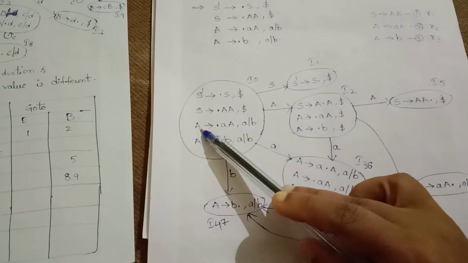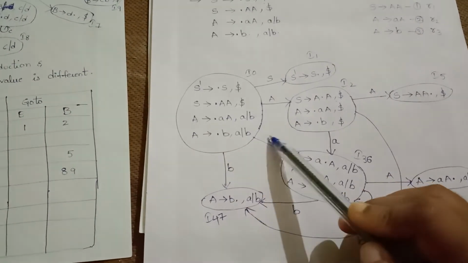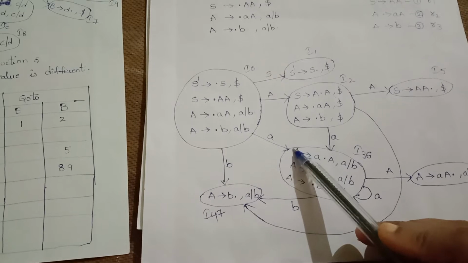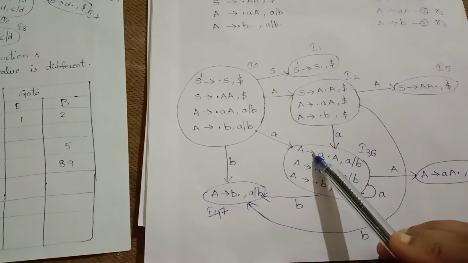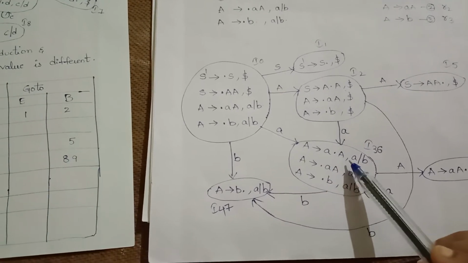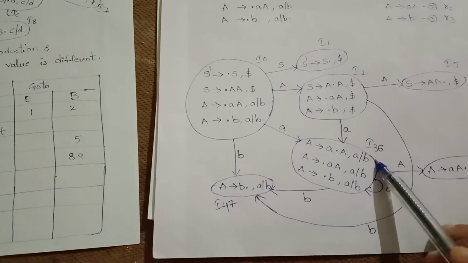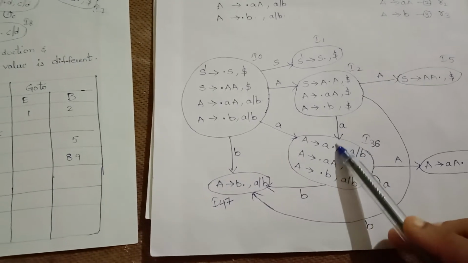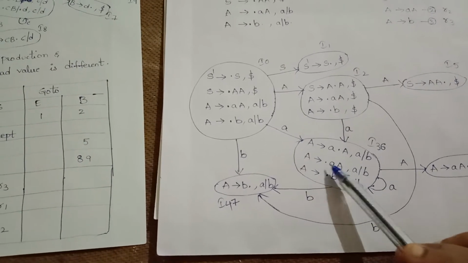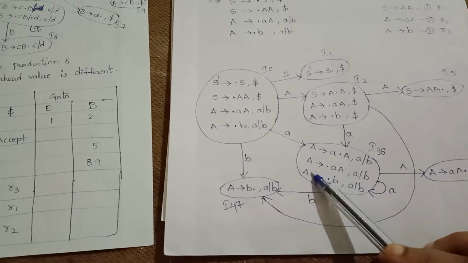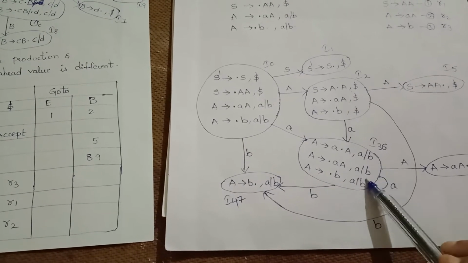Next, on symbol small a, it changes to A tends to a dot A, with look ahead symbol a/b. After the dot we have a non-terminal, so write all the productions of that non-terminal, A tends to dot aA and A tends to dot b, with the same look ahead symbols.